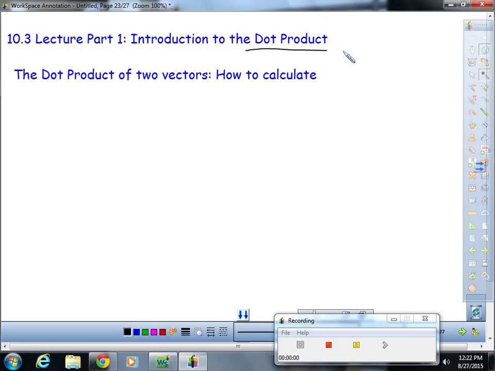Let's start, though, by showing you how to calculate the dot product. So, if you have a vector v, that's x1, y1, z1, and we have a vector u, which is x2, y2, z2. Okay?